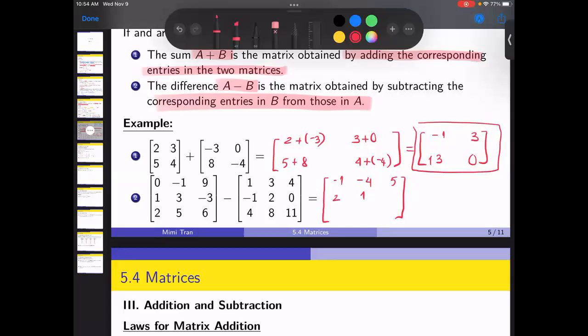Negative 3 minus 0 is negative 3. 2 minus 4 is negative 2. 5 minus 8 is negative 3. 6 minus 11 is negative 5. Not too bad, right?